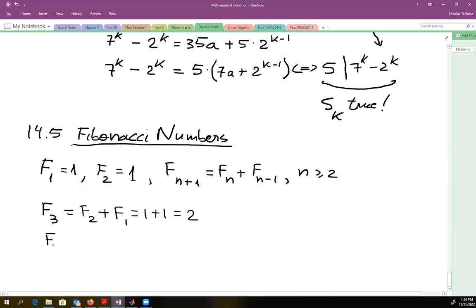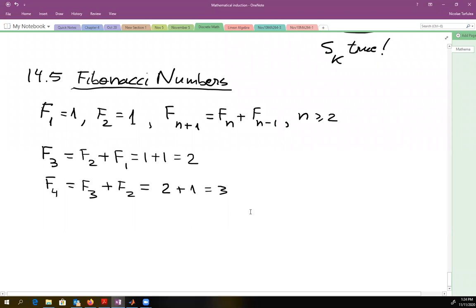Then F4 is F3 plus F2. F3 is 2, F2 is 1, so this is 3. And as you can see, the entries will start growing rapidly. F5 is F4 plus F3, so this is 3 plus 2 equals 5.